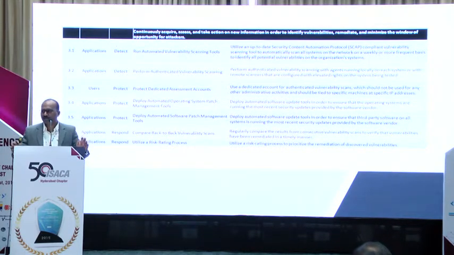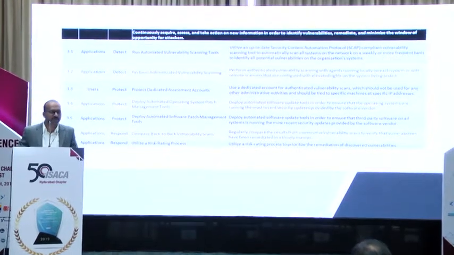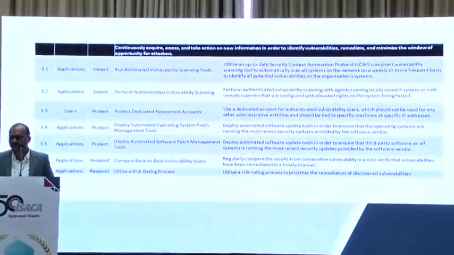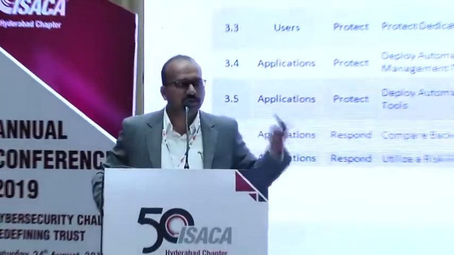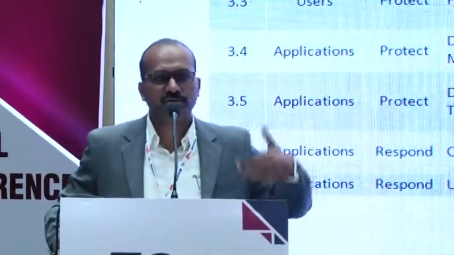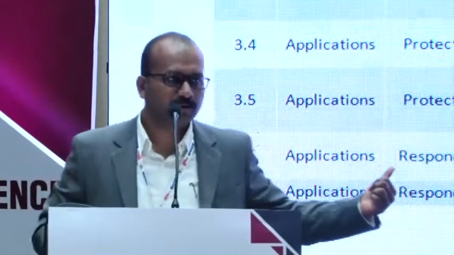That we have a posture only during the time of the scan, not a continuous posture. When we run a scan, we know what is there, but what happens after that is out of our control. But when you have a passive vulnerability scanner, which is continuously monitoring all your network traffic, your view of security is always continuous, always current. That objective is achieved by a passive vulnerability scanner, right?